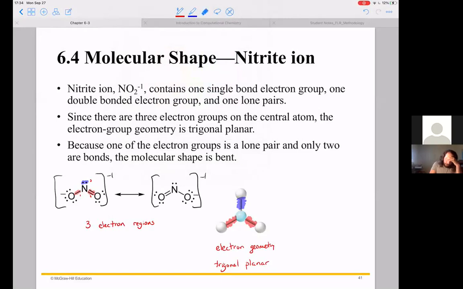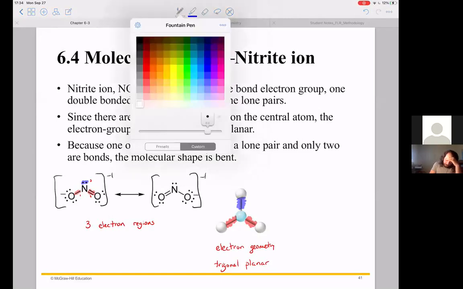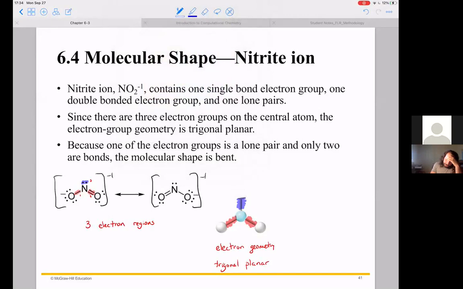So just like before, what am I going to do? I'm going to go in and erase that one that corresponds to the lone pair. And that will give me the bent geometry. So this is also what we call a bent geometry of the nitrite ion.